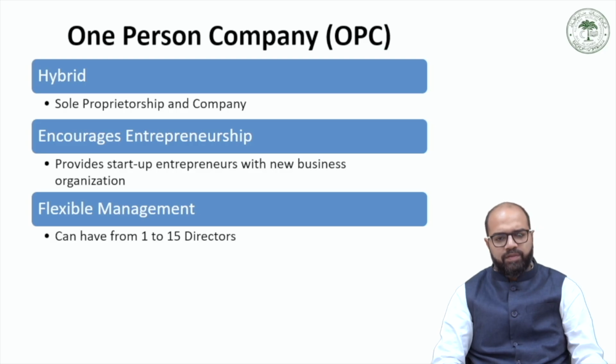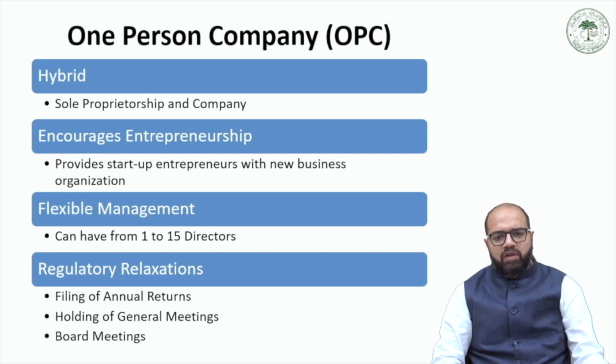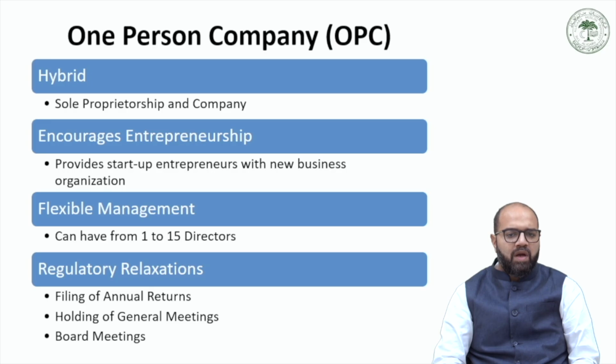Now an OPC also gets certain regulatory relaxations. An OPC enjoys the benefits of many regulatory and compliance relaxations as compared to some other companies. For example, the annual returns of an OPC can be signed by the director of the company if it does not have any company secretary.